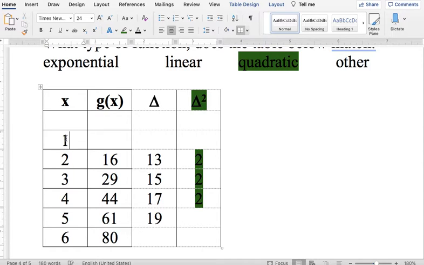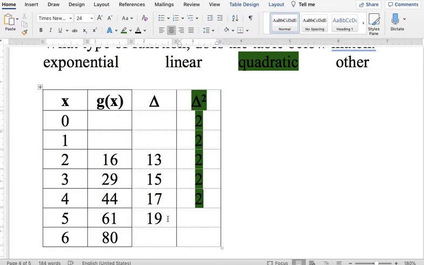So therefore, this is 1 and 0. All right. I know this second difference column is always going to be positive 2. All right. So now I'm basically going backwards. I'm starting here in the right column and then going towards the left column.